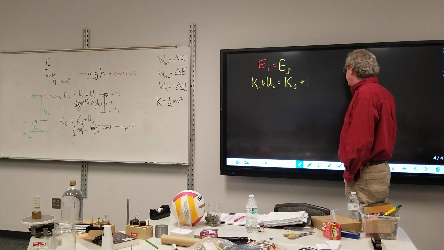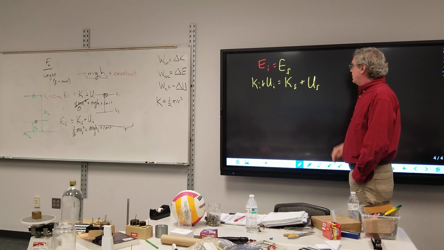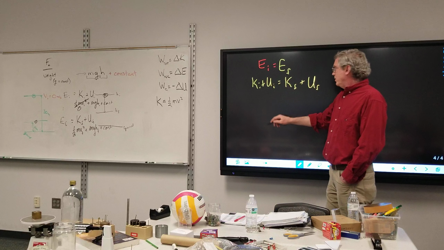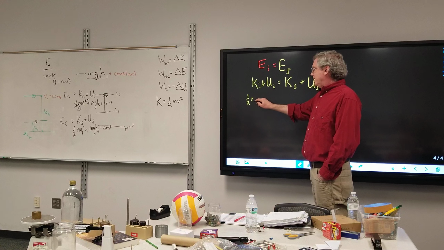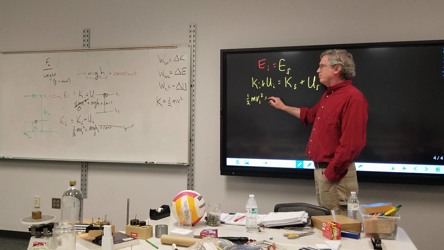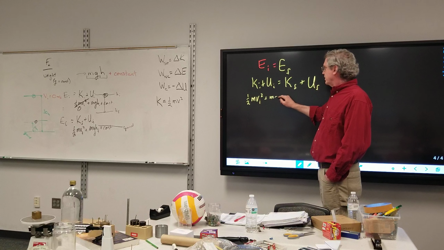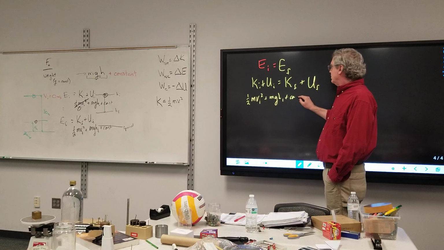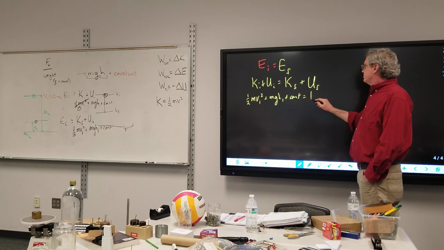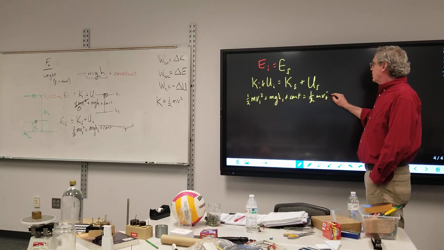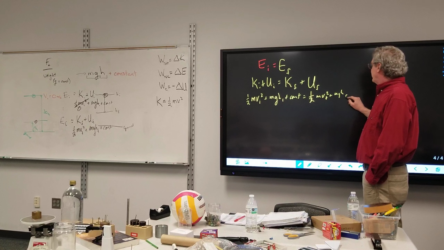And then we just take one step further: 1/2 m v initial squared, I'm just rewriting what I have over there in a slightly different format, plus m g h initial plus some constant equals 1/2 m v final squared plus m g h final plus some constant.